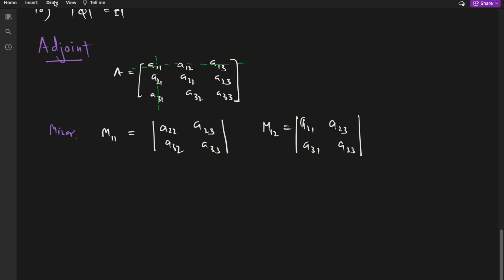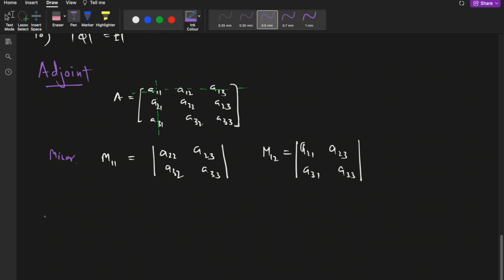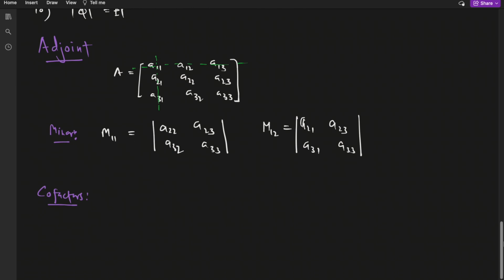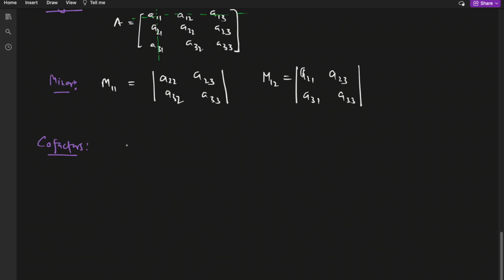Now you will calculate the cofactors. The formula for cofactor is very simple. The cofactor of Aij is minus 1 to the power i plus j times minor Mij.